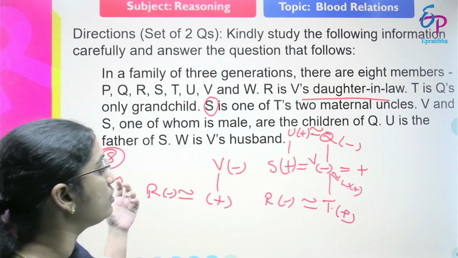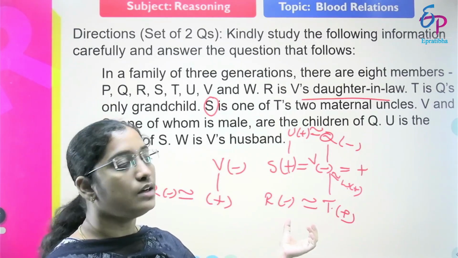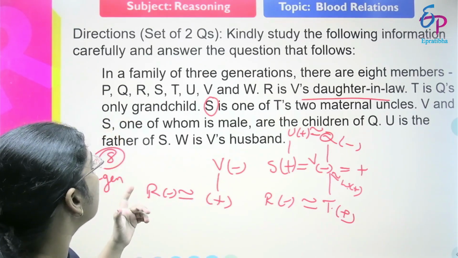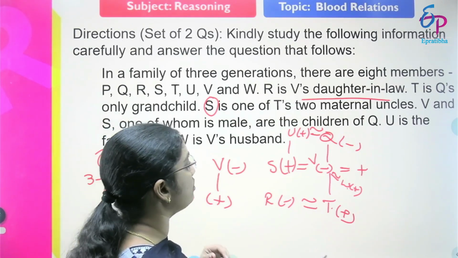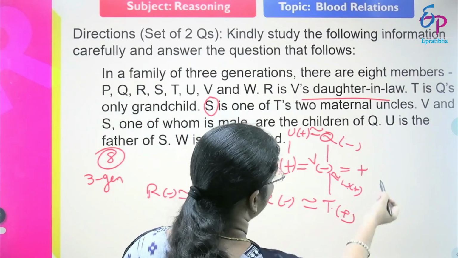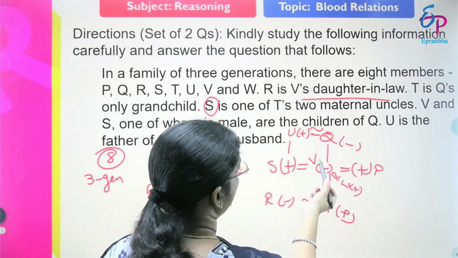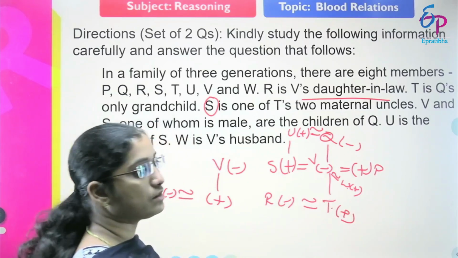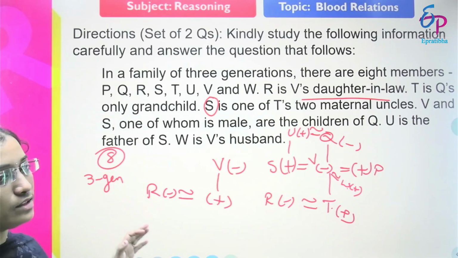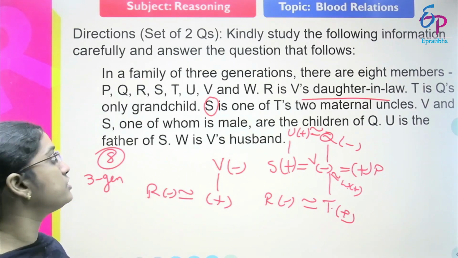Out of 8 persons, we already have 7 person names, so for the remaining person we need to take the remaining name. We have names P to W, and we are not yet using P, so this person's name is P. So P Q R S T U V W. Clear. For this information we need to solve the question, friends. This is the basic information. Just check once again for your clarification.